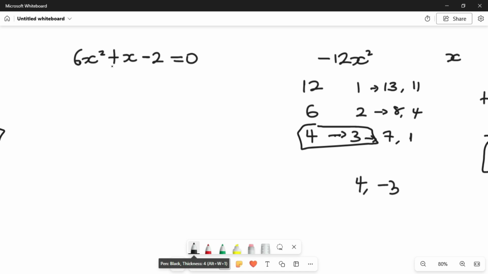So what we are going to do is to remove the middle. Instead of that, we are going to write plus 4x and minus 3x. So we have 6x squared plus 4x minus 3x minus 2. So here we can see that 2 is going to divide 6 and also 4.